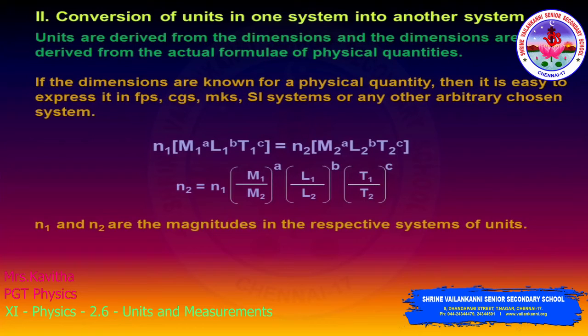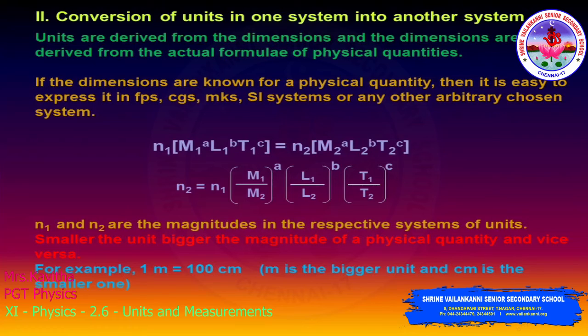N1 and N2 are the magnitudes in the respective systems of units. The smaller the unit, the bigger the magnitude of a physical quantity.